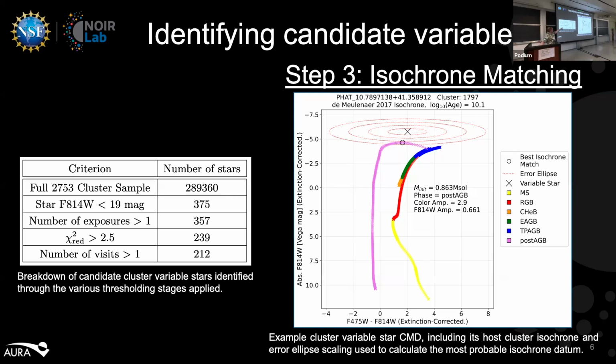This figure on the right shows the host cluster isochrone with the observed properties of the star just above it, the cross, and the ellipses shown here are the extent of its measured variability in magnitude and color. In this isochrone matching, we try to take into account the observed variability of the star, because we appreciate that it is likely not to be at its equilibrium state in its variability cycle, whatever the cause may be.